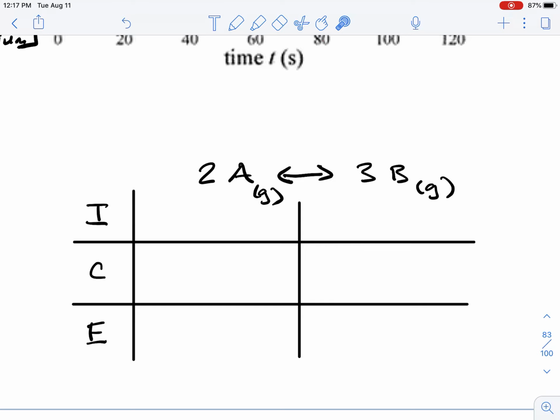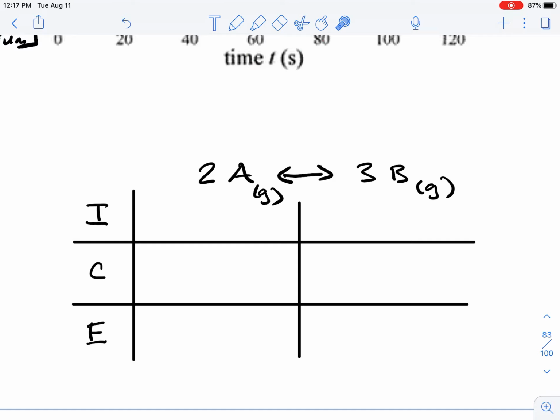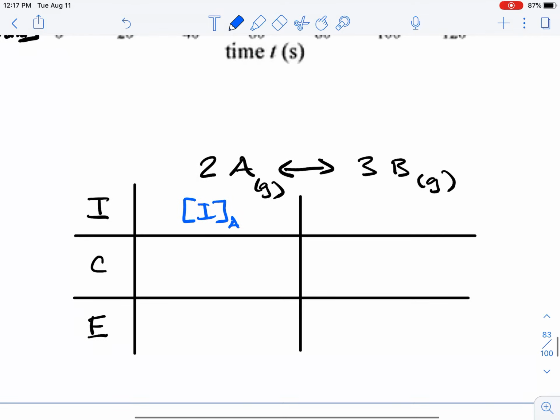All right, so now that we have a better understanding of what this table is going to represent, let's go ahead and put in some notations here. So once again, this space is going to represent the initial concentration for reactant A. And C is going to represent the change.